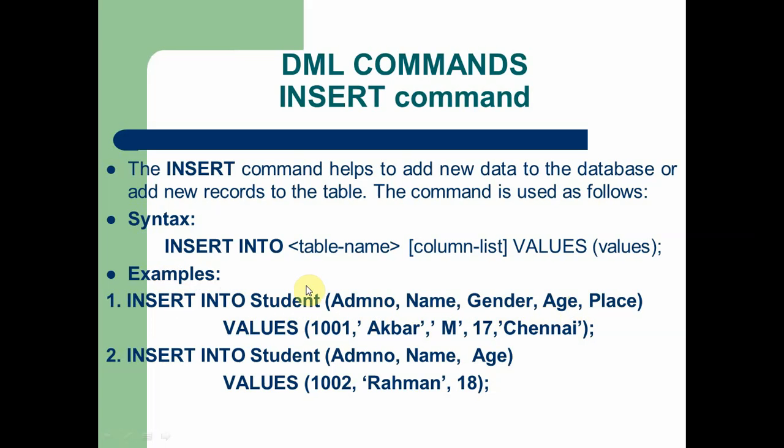These are the columns in the table student, and the values for these columns are 1001 for admin number, Akbar for name, gender M, age 17, place Chennai. Other than admission number and age, all the data are given inside single quotes because the data type of the name, gender and place columns is character.